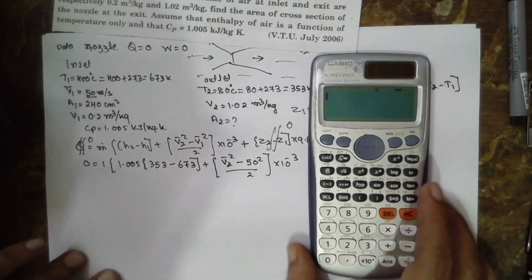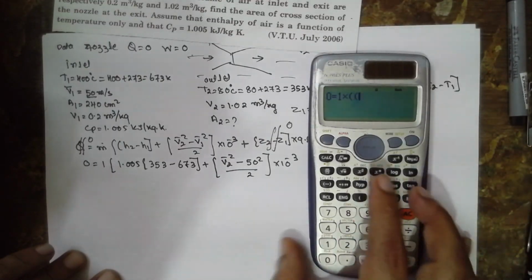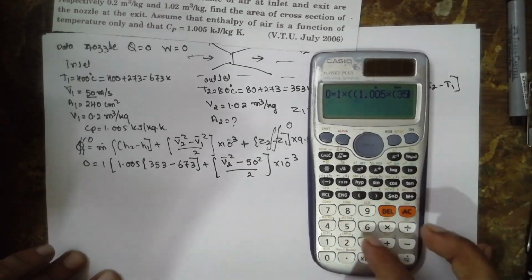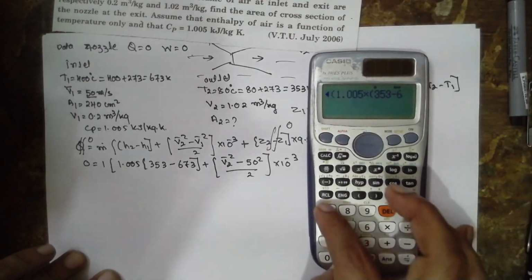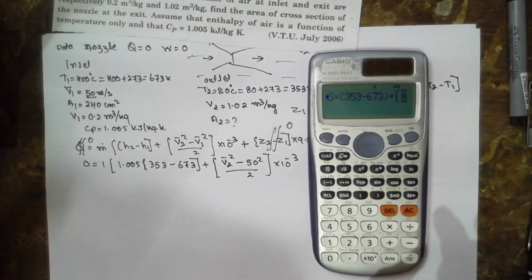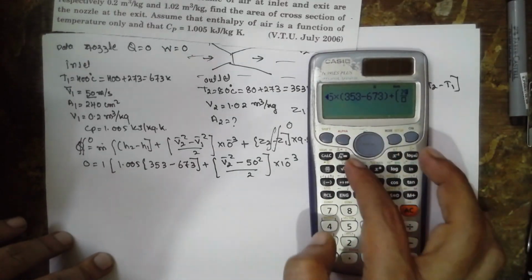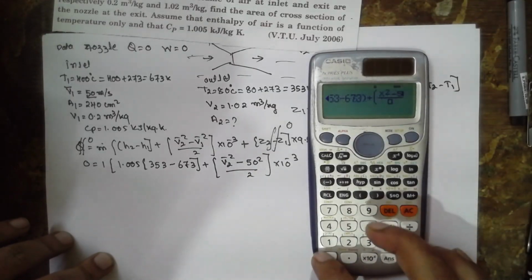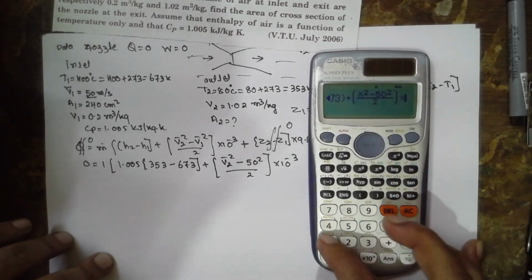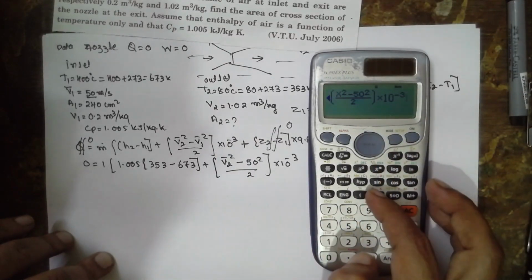On the calculator, alpha is equal to 1 into double bracket 1.005 into 353 minus 673, close, plus velocity alpha x square minus 50 square divided by 2 into 10 raised to minus 3, close the bracket.